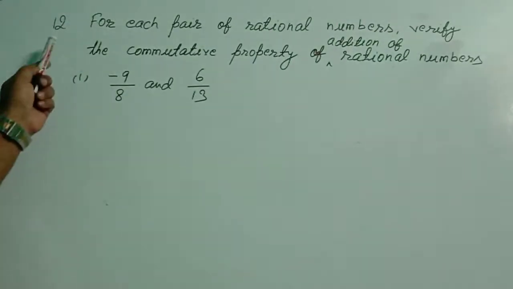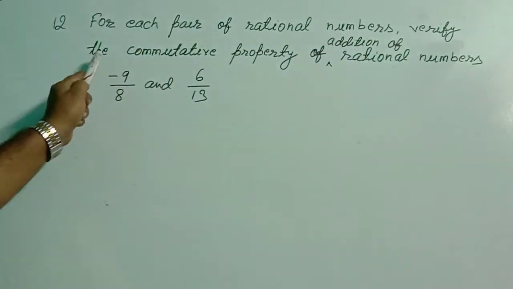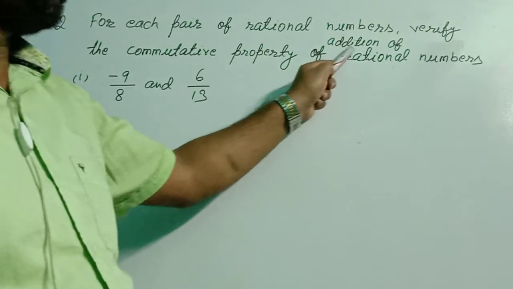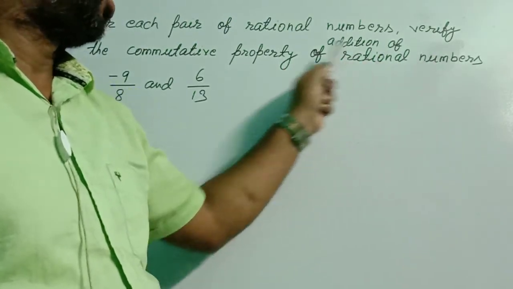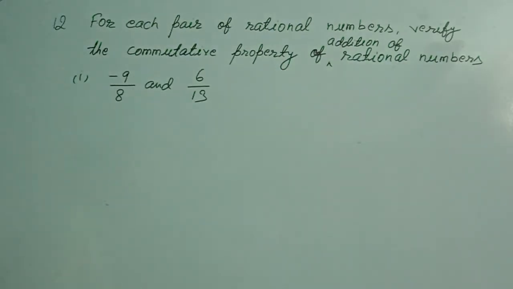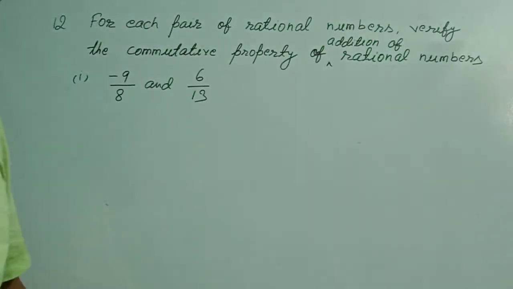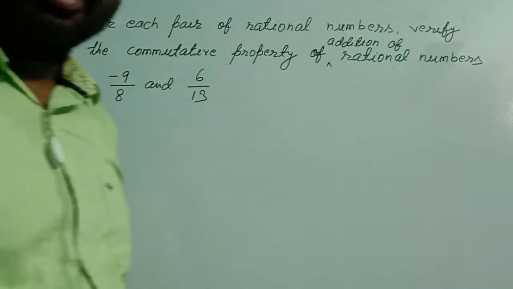Now question number 12, for each pair of rational numbers, verify the commutative property of addition of rational numbers. Commutative property of addition will be satisfied if the sum of two fractions such as a by b plus c by d will be equal to c by d plus a by b.